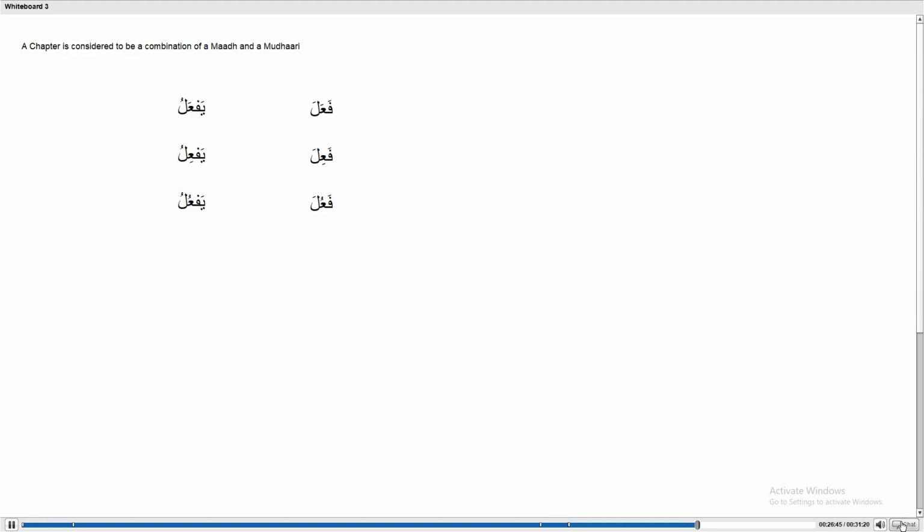Okay? A chapter is considered to be a combination of a Mad and a Mudari. What does this mean? That means that verbs don't take all possible combinations.